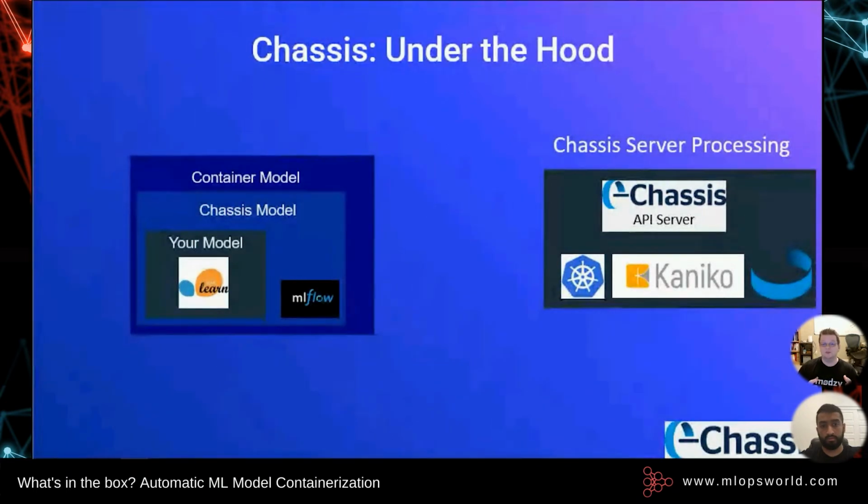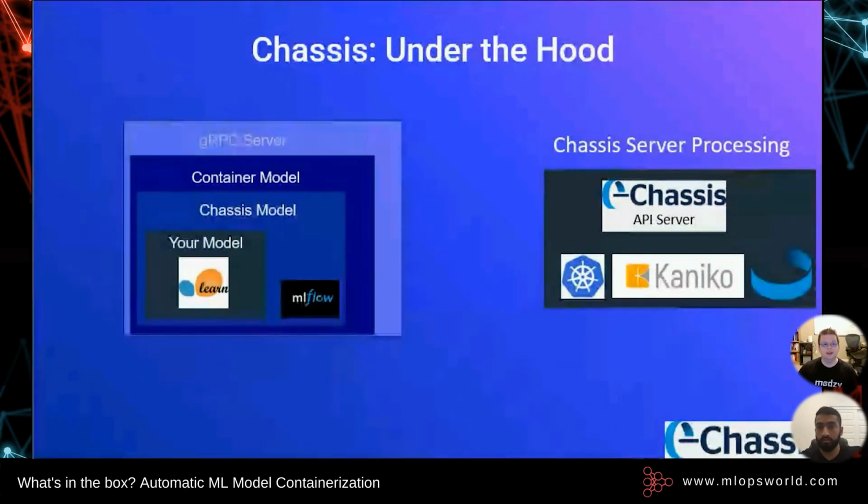Once that particular model has been built and we have something that we can interact with singly or in batch and is ready for whatever environment we plan on deploying to, then there will be one final wrapping that happens with a gRPC server. Now, all interactions with a chassis model from outside the container are going to take place over a gRPC connection.